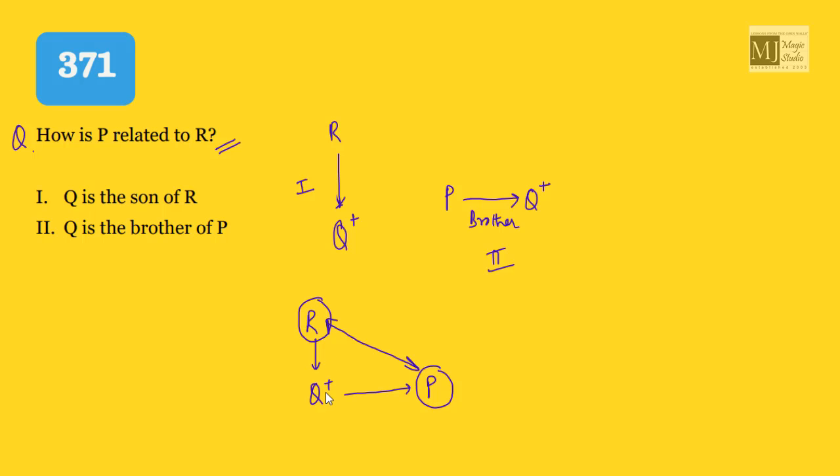Then R is mother of Q. R is mother of P. Again, we don't have the gender for P, female or male. That's why a perfect relationship between R and P cannot be established. Both the statements together are not sufficient to answer the question. We shall mark E.